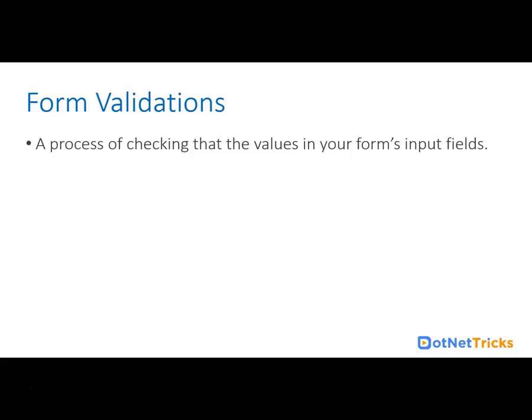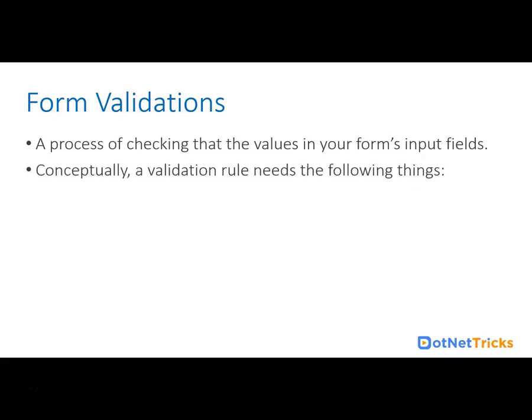expected implementation or not. A validation rule needs the following things to be cross-checked when a user clicks over a submit button. Generally, when we talk about validations, we have client-side validations and server-side validations.